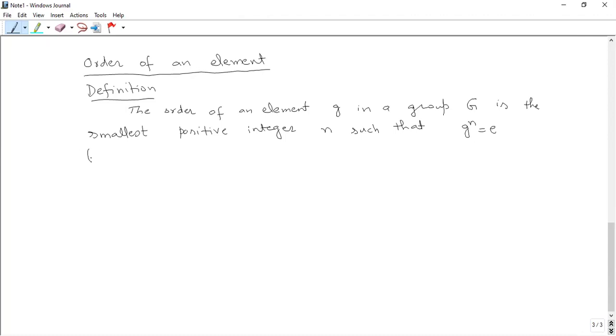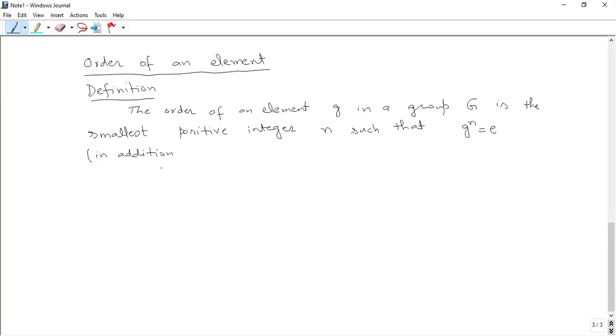And if the group is with respect to addition, actually we have already seen that this g^n means we have applied the binary operation of the group n times on the element g.